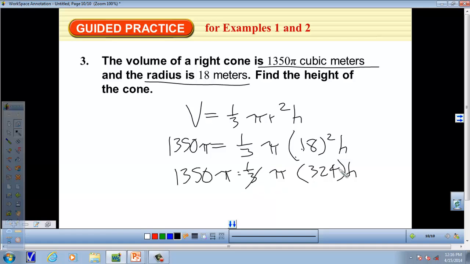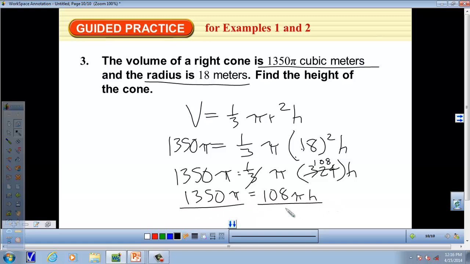Now I'm going to divide these two, and that gives me 108. So I'm going to have 1350 pi equal to 108 pi times h.